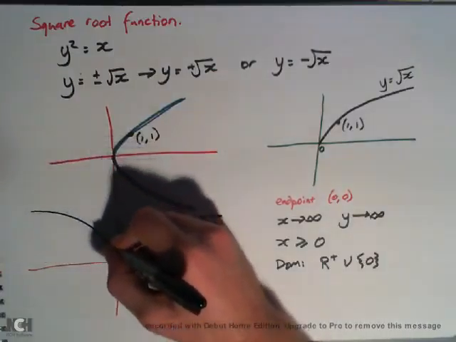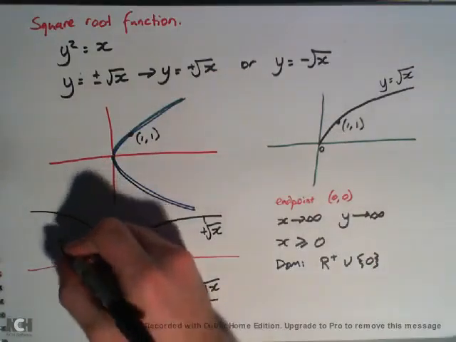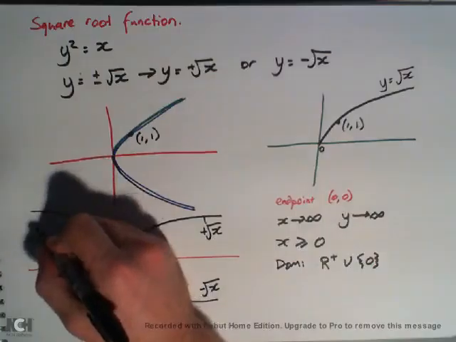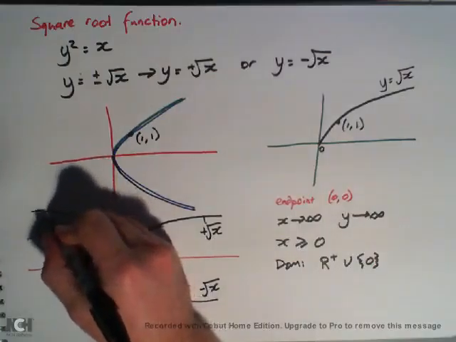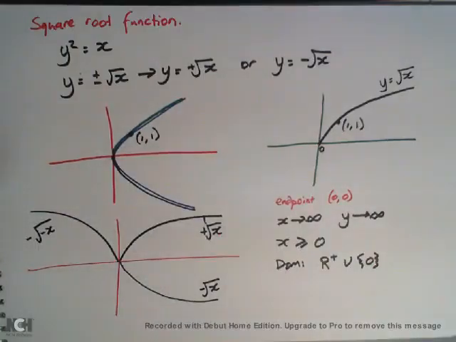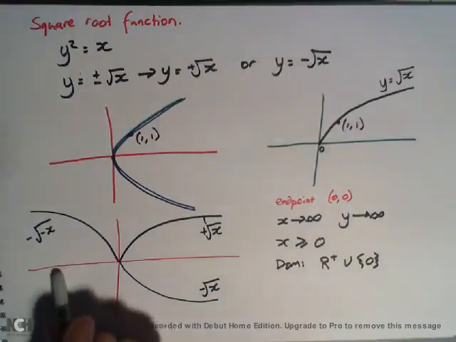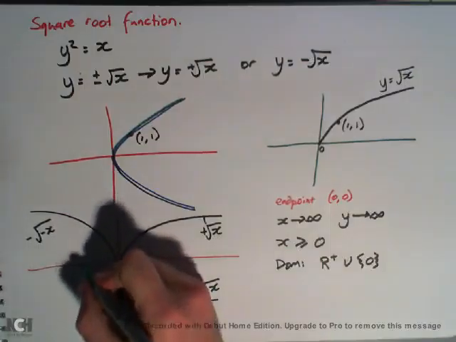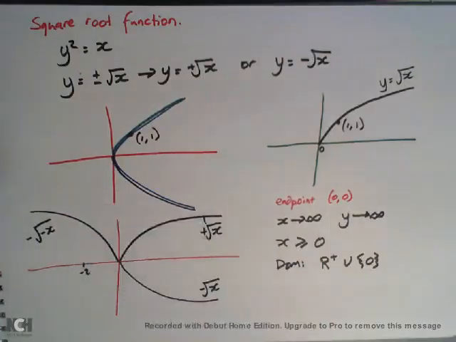We can actually get this one, and I'm just going to say that it is the negative square root of negative x. Okay, and we can actually get that because all these numbers down here are negative numbers. So, for example, we've got negative 2 here.